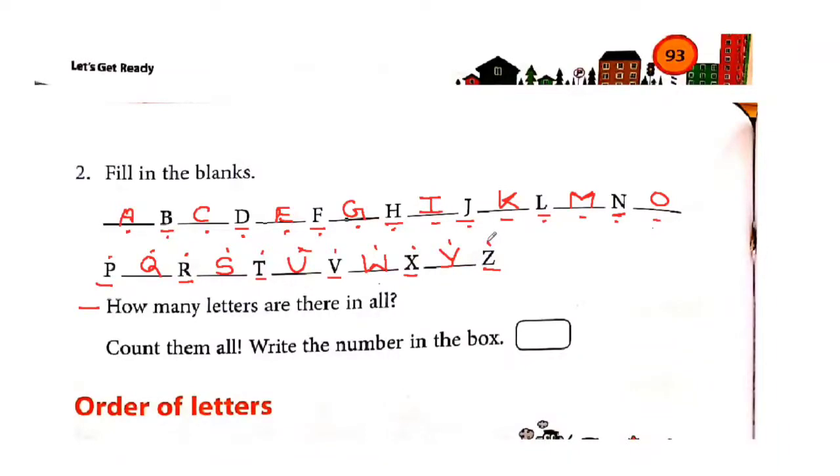So how many letters are there? They are 26. Count them all and write the number in the box. So how many letters? 26 letters.